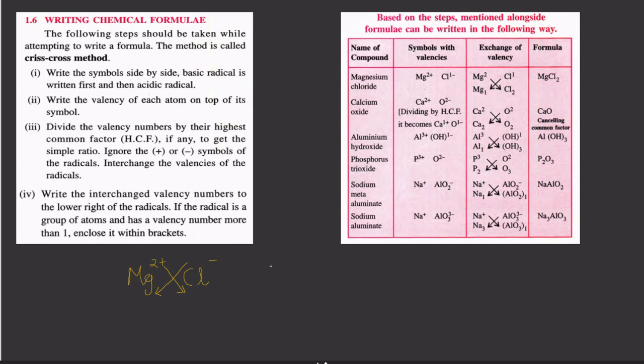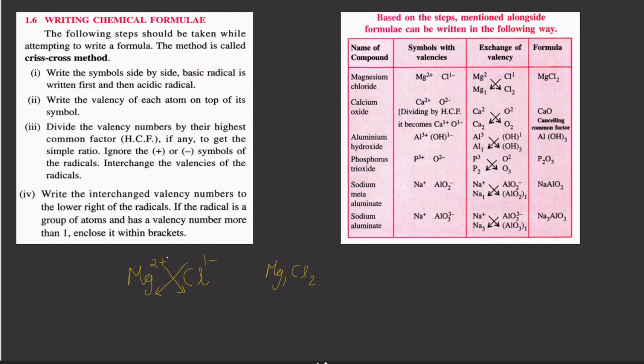The valency of chlorine is 1 minus, and we don't write 1 here. This 1 will go just below magnesium, and the valency of magnesium will go below chlorine. And what is the formula of magnesium chloride? We don't write Mg1Cl2. Its formula is MgCl2, magnesium chloride.